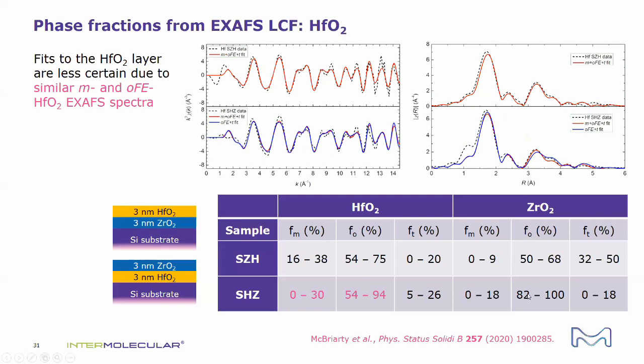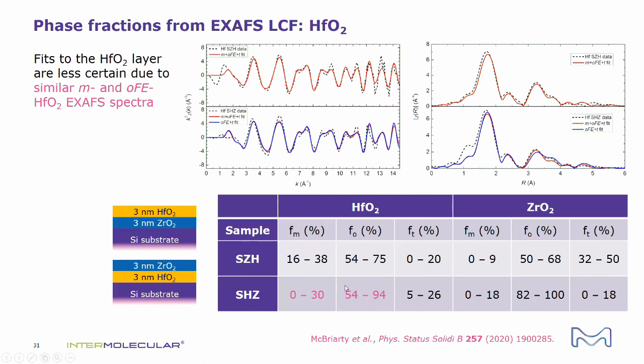The story is a little bit less clear for hafnium, because with hafnium oxide, the monoclinic and orthorhombic spectra are much more similar than they are for zirconium oxide. So in this case, we got 2 pretty good fits for sample SHC, but these 2 fits ended up giving us a pretty broad range of potential phase fractions.